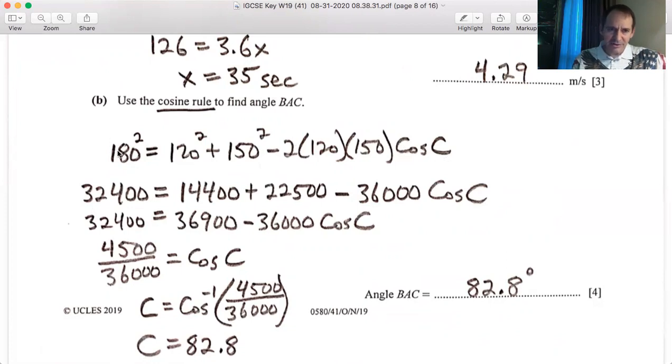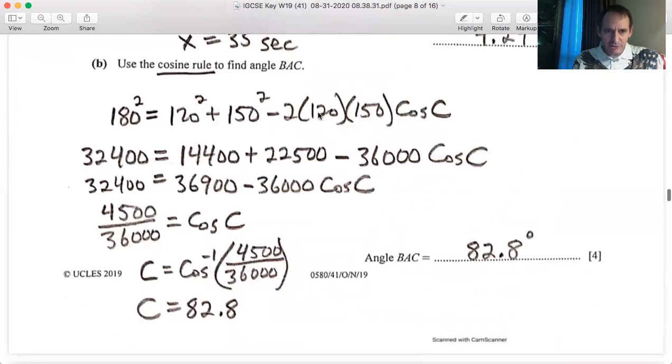So notice the side here has to correspond with the angle here, and then these two are the other sides. When you do all those squares out, you get these numbers, and you add these two together. Now be careful, you cannot subtract right here because this is a multiply, and multiply has to come first.